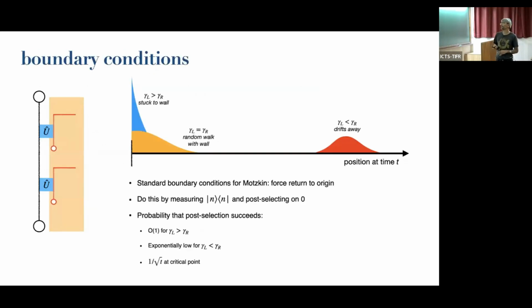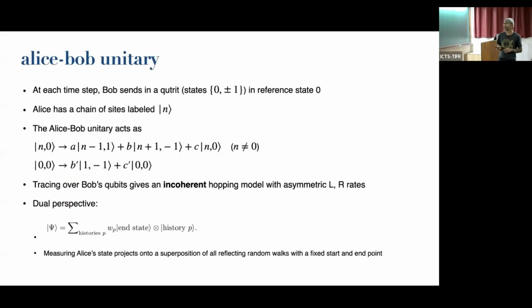And so in this simple example, yeah, go ahead. Yeah, you're just keeping them. Yeah, you have a density matrix in Alice. And so the density matrix really is just a weighted superposition over all the end states you could end up with, and that's precisely the probability distribution of the random walk.